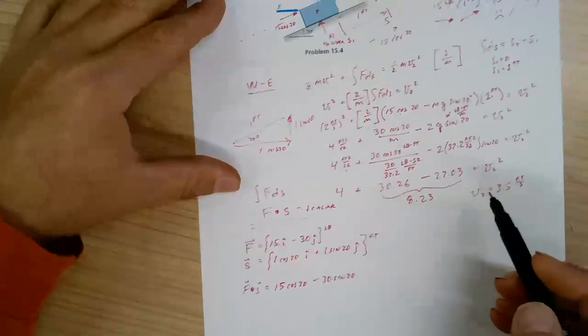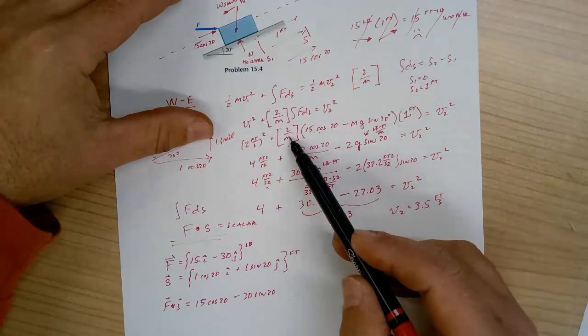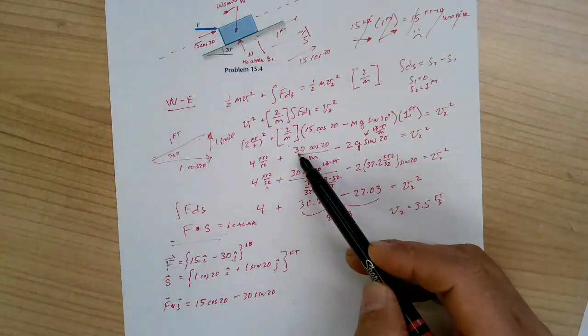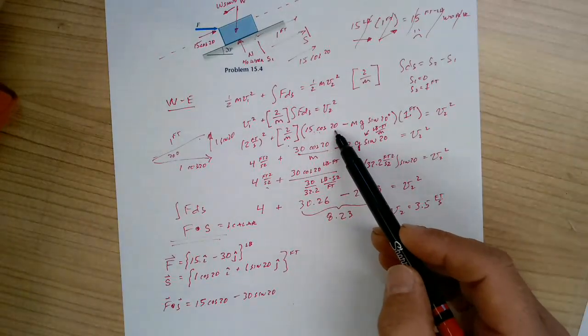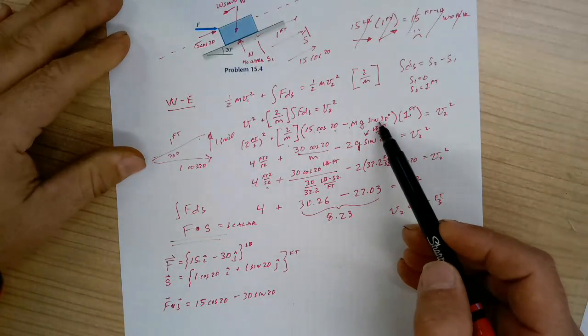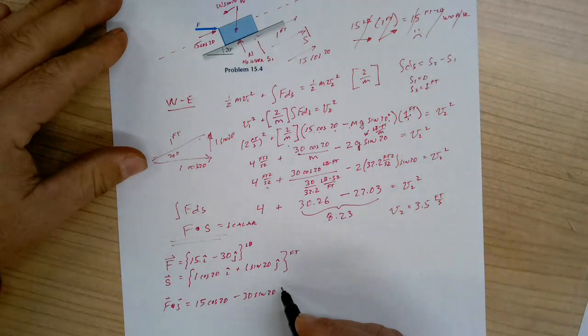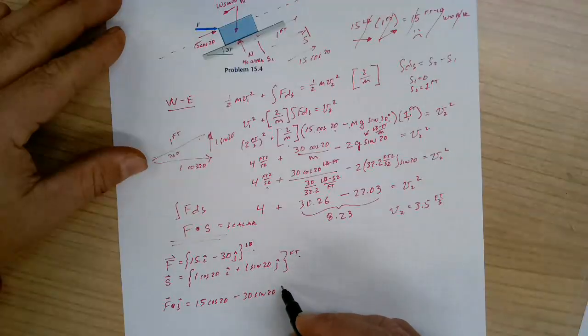I want you to take a look over here. Before I put the 2 to make the 15 become 30 to solve it numerically, it was 15 cosine 20 minus W sine 20 times 1 foot. This has units of pounds times feet with the dot product. This is pound feet.